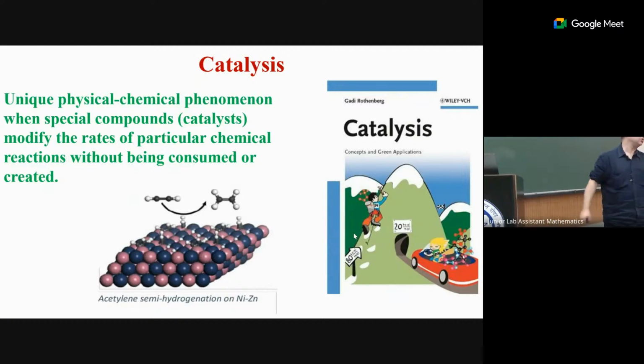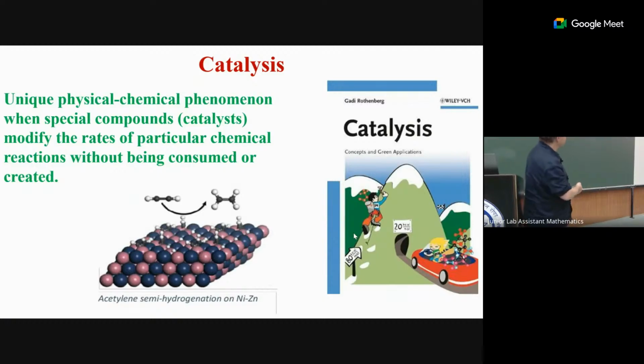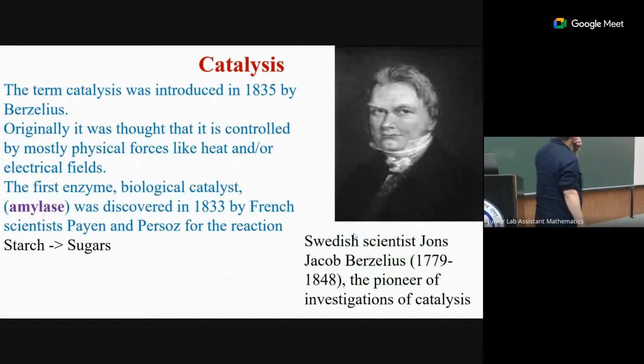You add something to your system and the reaction goes faster, and the compound itself is not consumed. Schematically, you can think of a slow chemical reaction like overcoming a mountain, but catalysis provides an additional pathway. Catalysis is associated with another Swedish scientist, Jöns Jakob Berzelius.